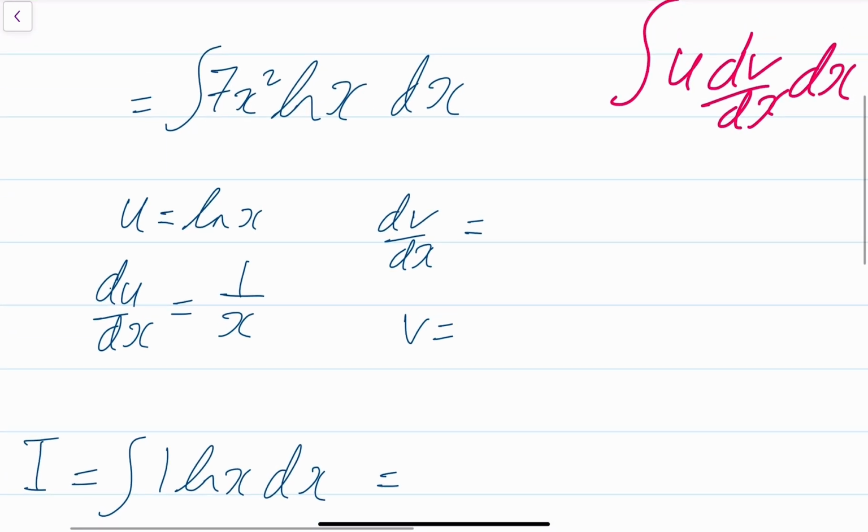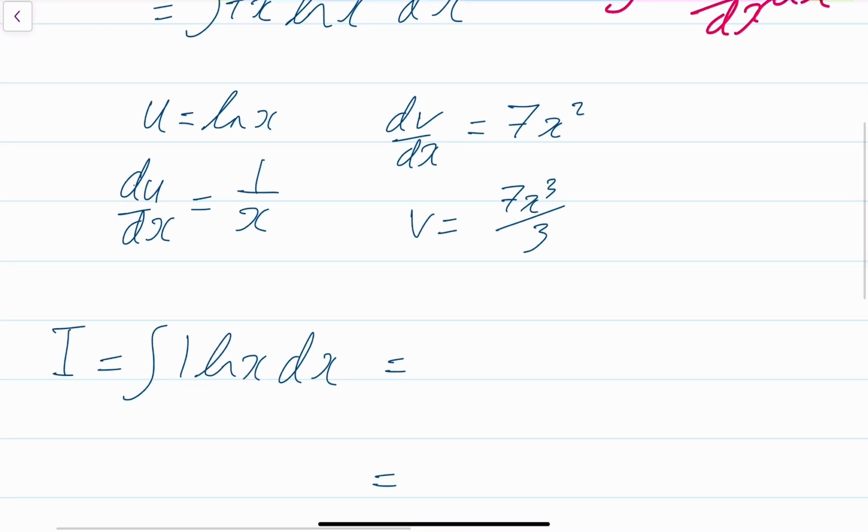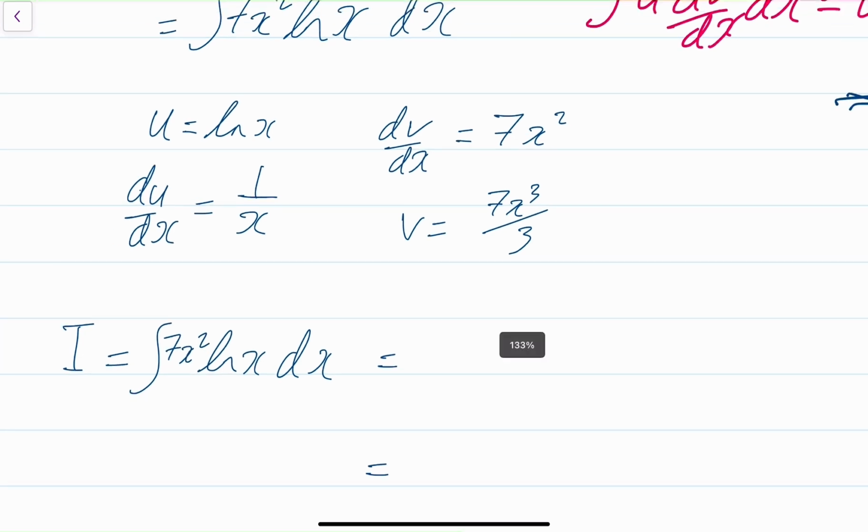So again, your u is equal to ln of x, your du by dx is 1 over x, your dv by dx is 7x squared. Raise the power by 1, you'll have 7x cubed, but divide by the new power, that's divided by 3. And then what we had, we were integrating 7x squared ln of x.